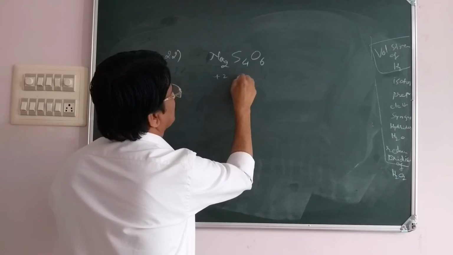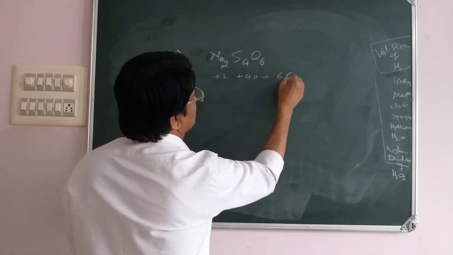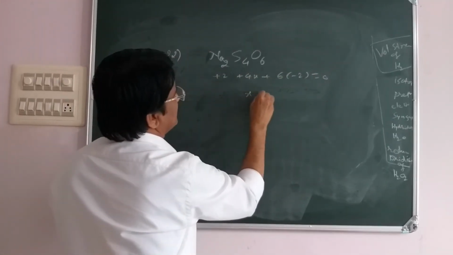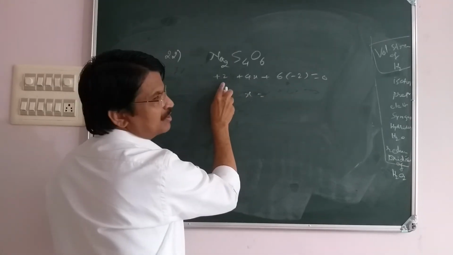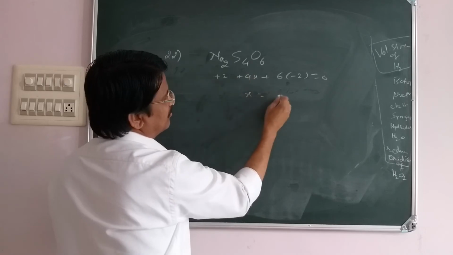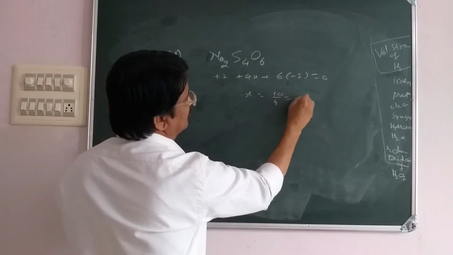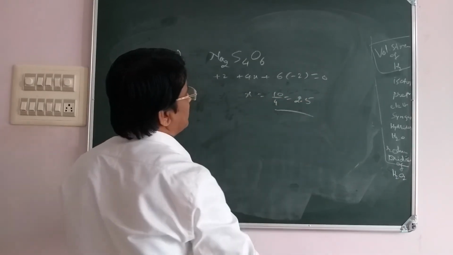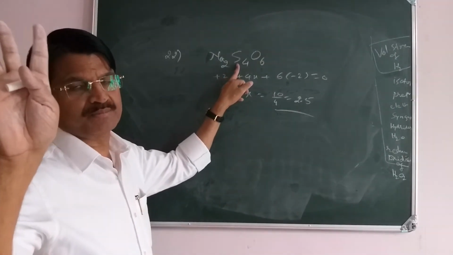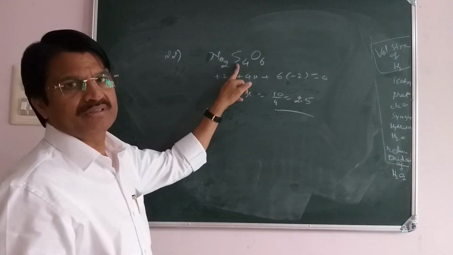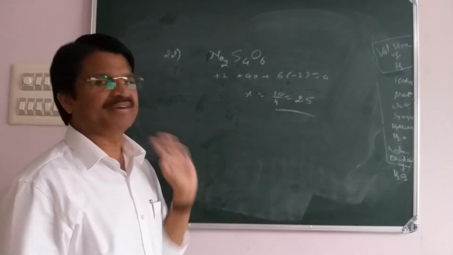Plus 2, 4x, 6 into minus 2 equal to 0, so 4x equals minus 12 plus 2, which is 10, so x is 10 by 4, 2.5. There are 4 S atoms, so the average S oxidation number is 2.5.